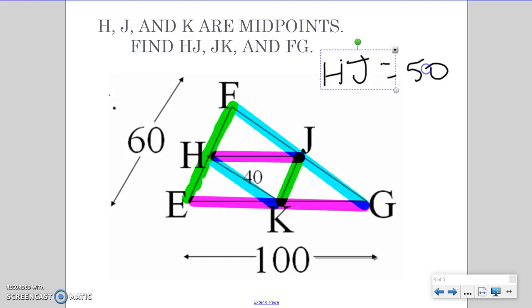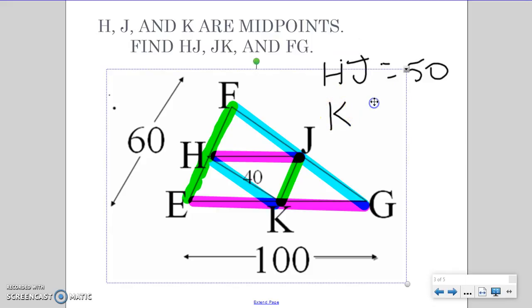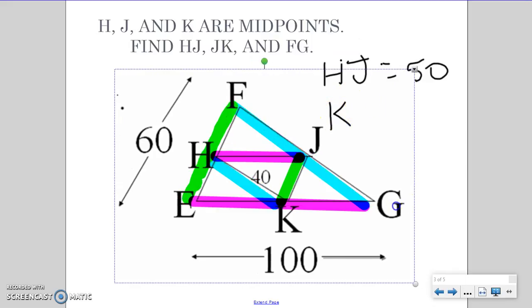So two of the HJ sides make one side EG, which tells me that HJ has to be 50. Because 50 times 2 equals 100. Next, I'm going to look at side JK. So this green side here is related to FE. So two of the JK pieces make one FE piece, which means that KJ or JK, however you want to think about it.